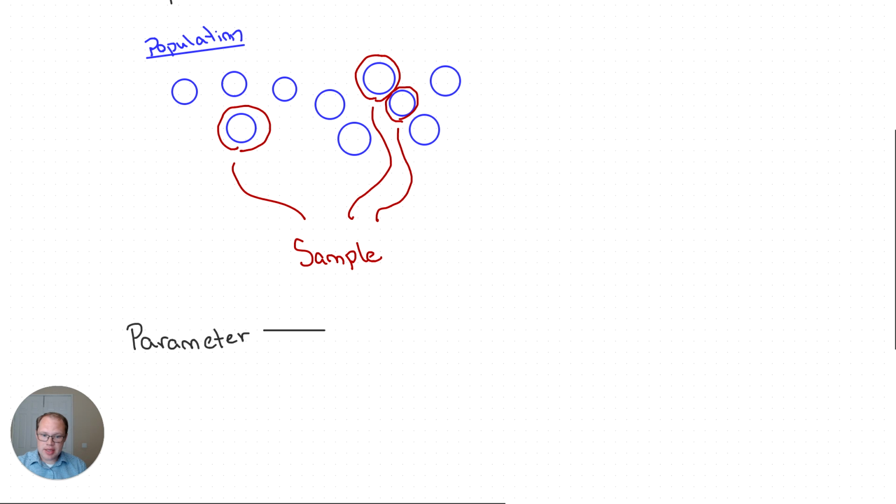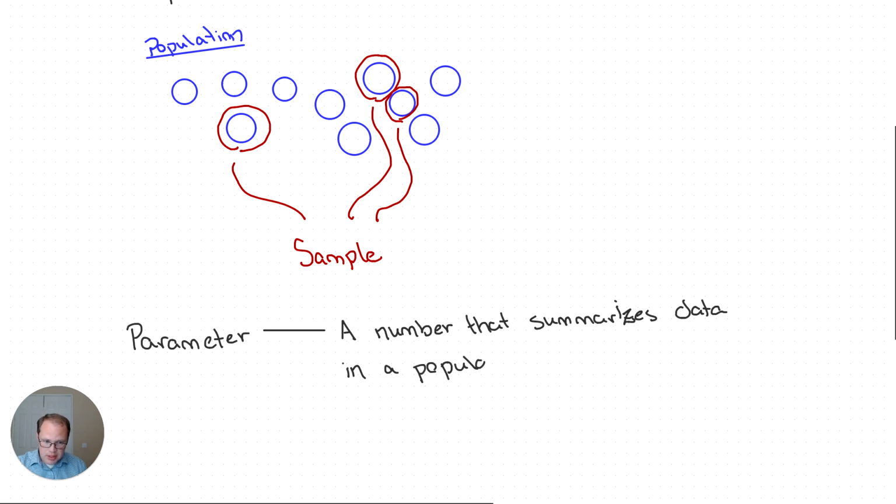A parameter is a number that summarizes the data in a population. Parameter is a number that summarizes data in a population.